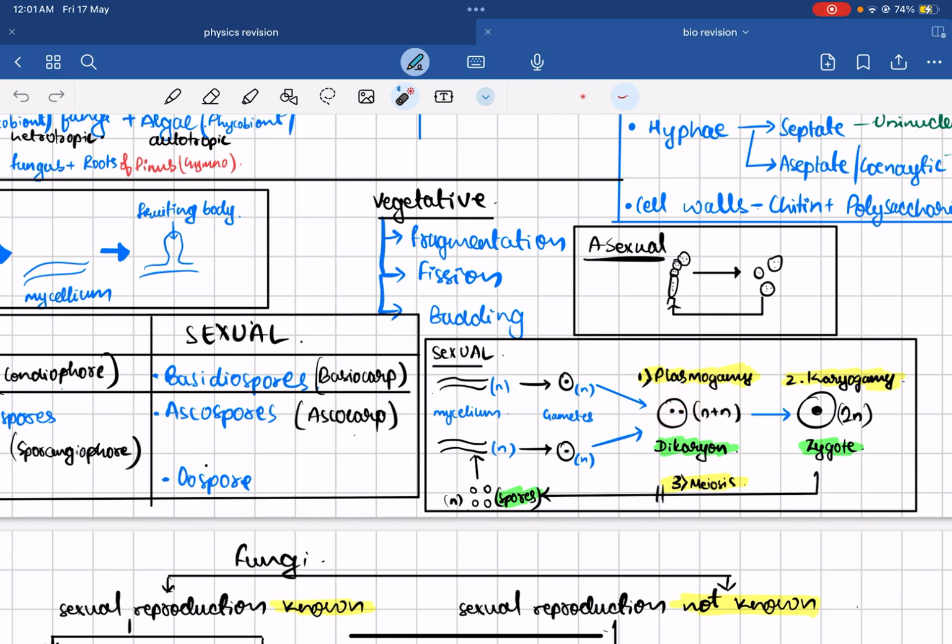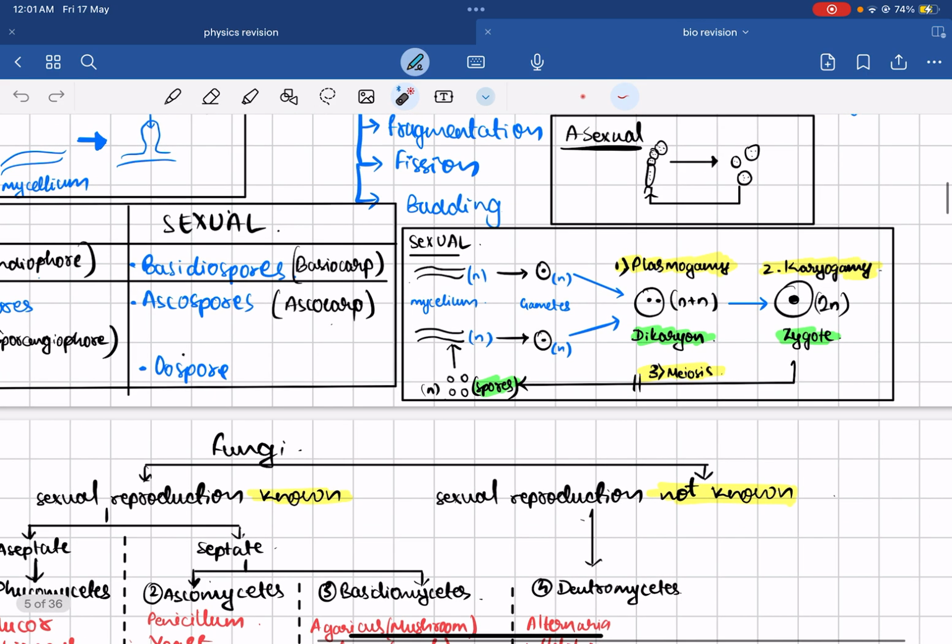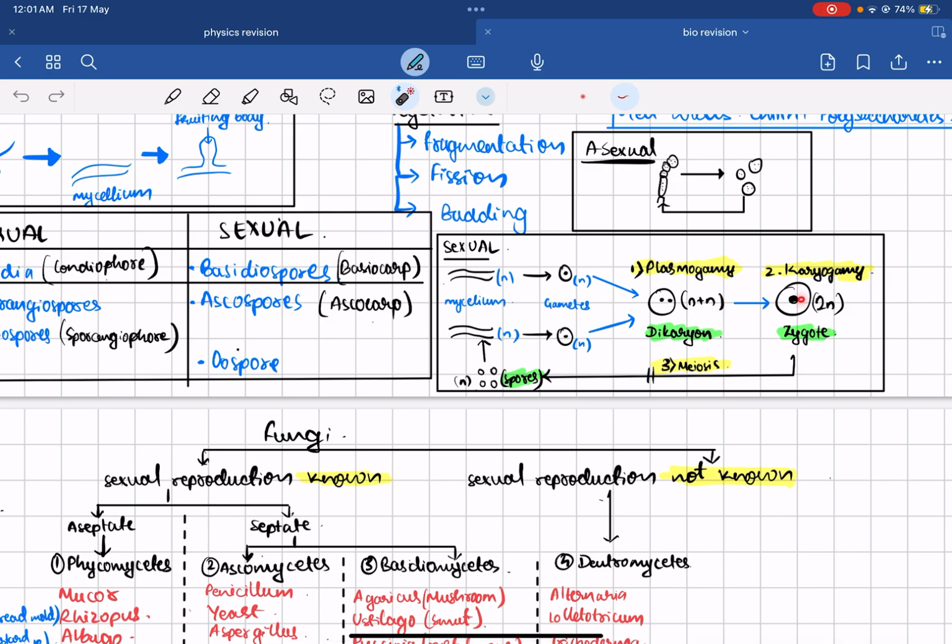More than one nucleus will be formed, and those nuclei will fuse together and form a single nucleus, which is larger and has 2n content. This nucleus will further divide, meiosis takes place, and forms the spores. And these spores will be converted into mycelium.